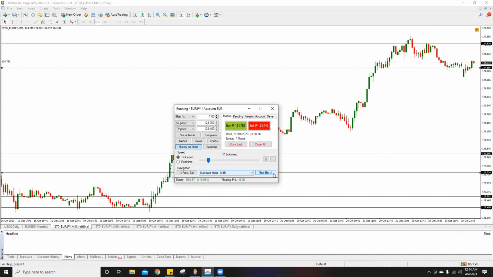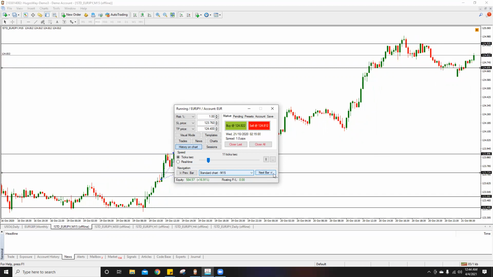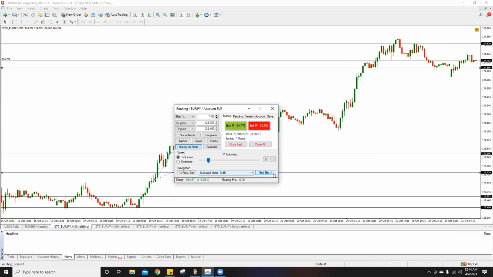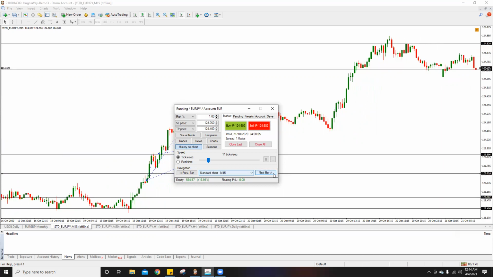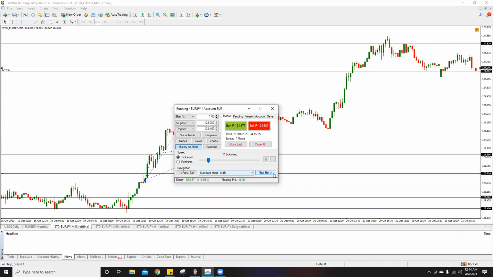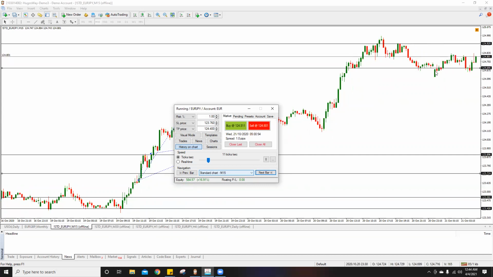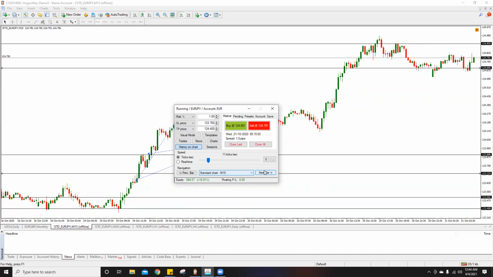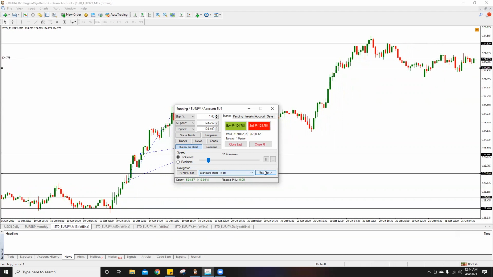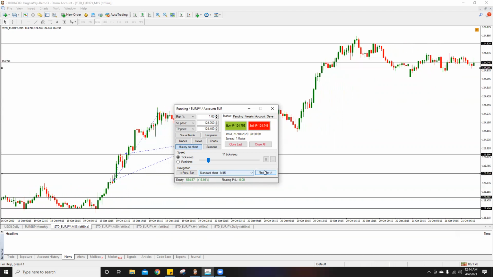Comes right back into the zone, so we don't have a confirmation yet of a buy or a sell. So you have one fake out, two fake out right there. Price still consolidating right into this zone.